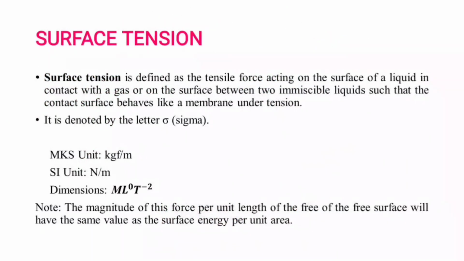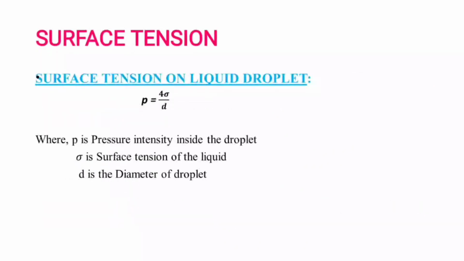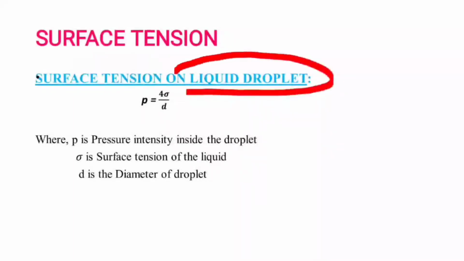And surface tension on a liquid droplet. P refers to pressure intensity inside the droplet. Sigma is surface tension. D is the diameter of the droplet.